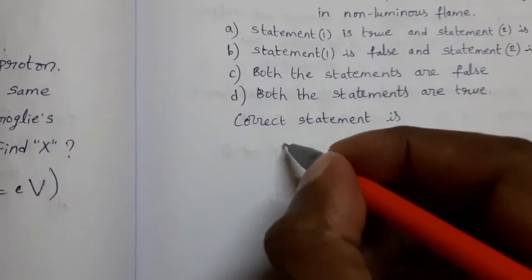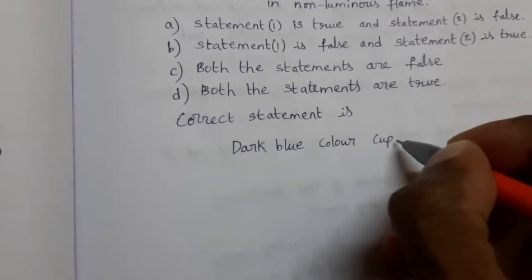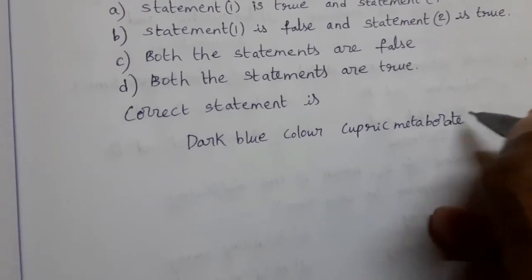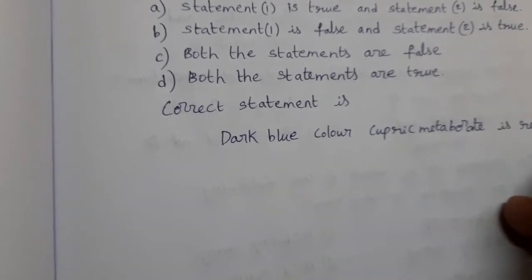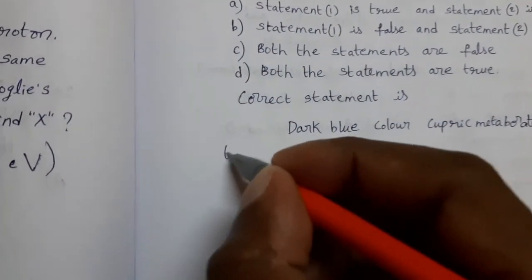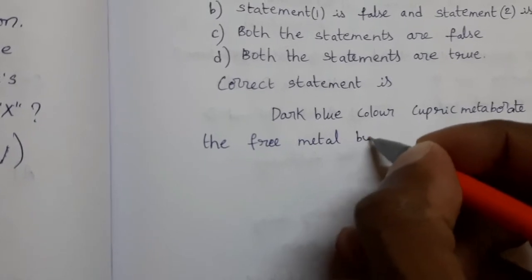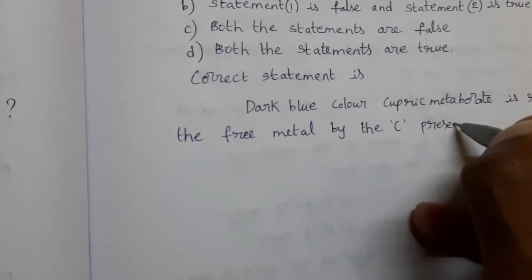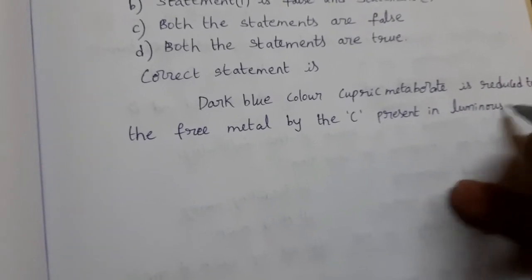See this: dark blue color cupric metaborate is reduced to the free metal by the carbon present in luminous flame.